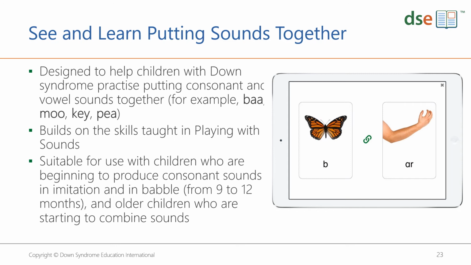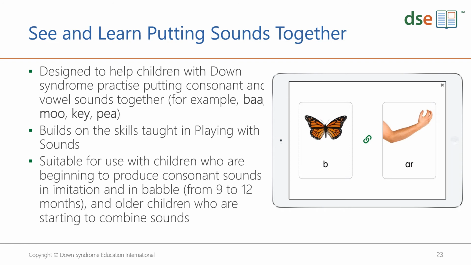So the second step in See and Learn speech is putting sounds together and helping children to put consonants and vowel sounds. It builds on the skills taught in playing with sounds. You move on working with the sounds the child can make, and it is suitable to start practicing with children who can babble, because in babble children start to put sounds together and say ba ba ba ba, dad dad dad dad.